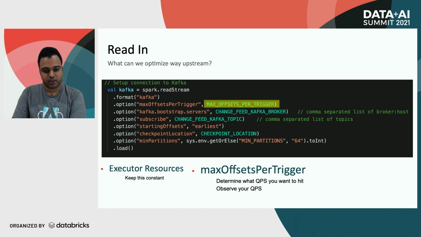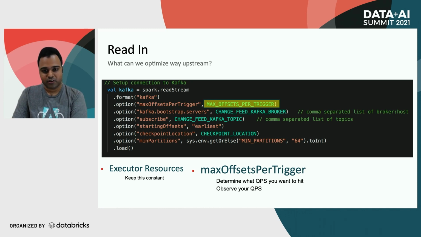So if the trigger interval is 30 seconds, every 30 seconds Spark goes and pulls, say, 10,000 offsets across all the topics that we have specified, from different partitions, and distributes that to the executors. Now, this is extremely important because this decides what QPS you will finally end up with, right?